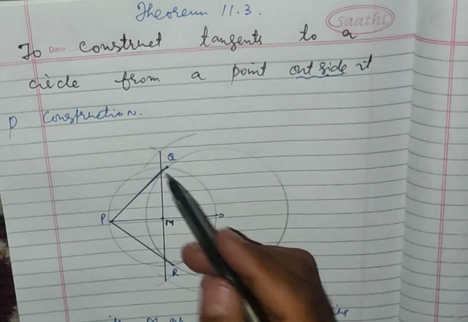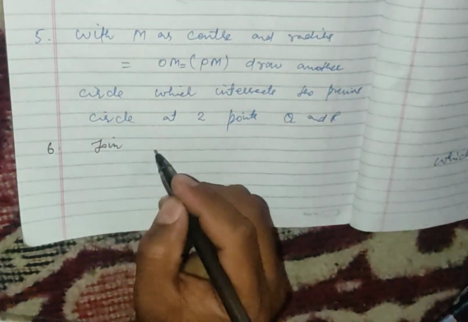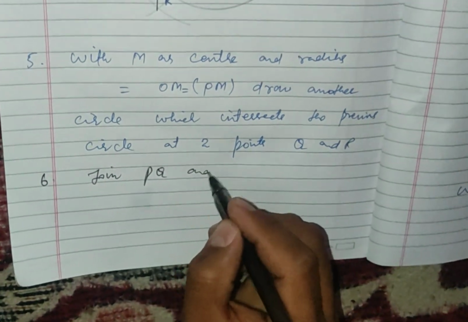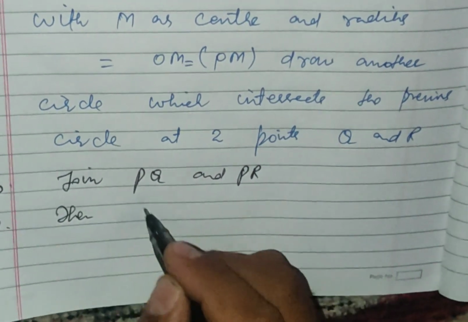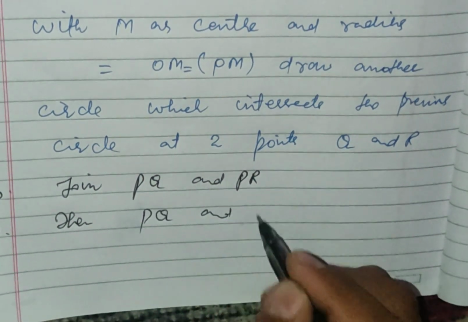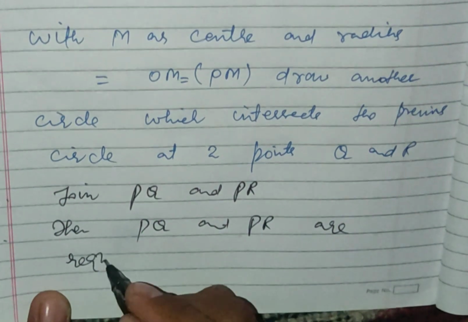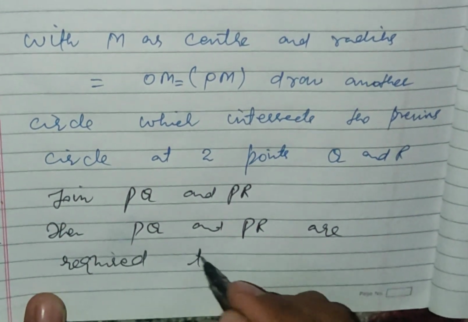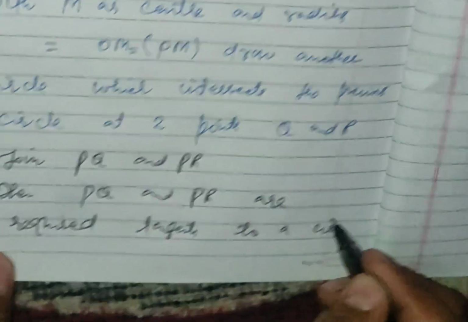So step number 6: join PQ and PR. Then PQ and PR are the required tangents to a circle.